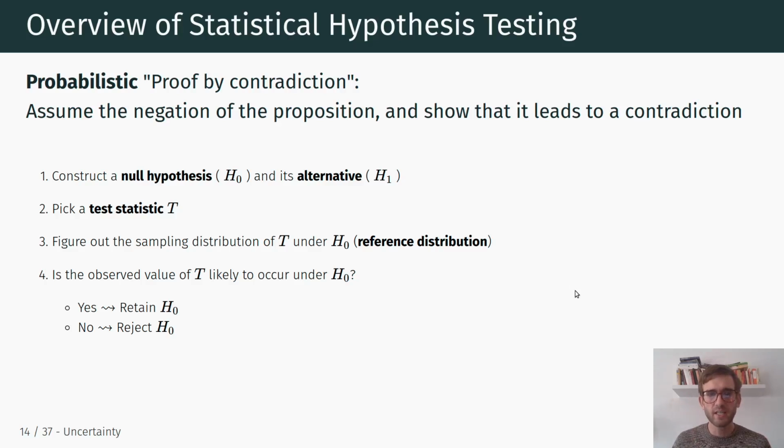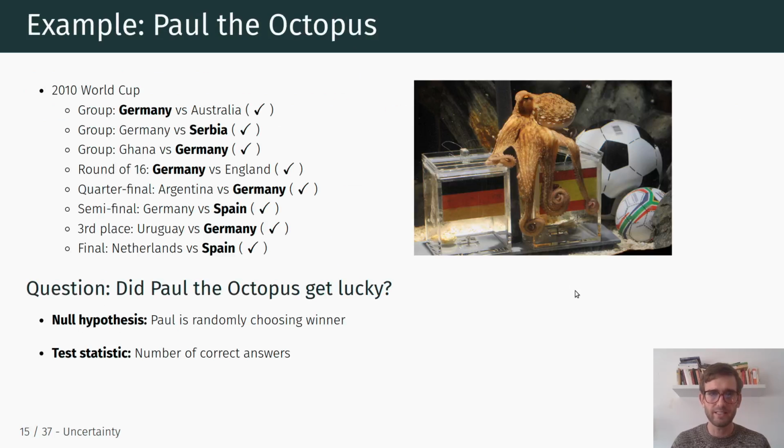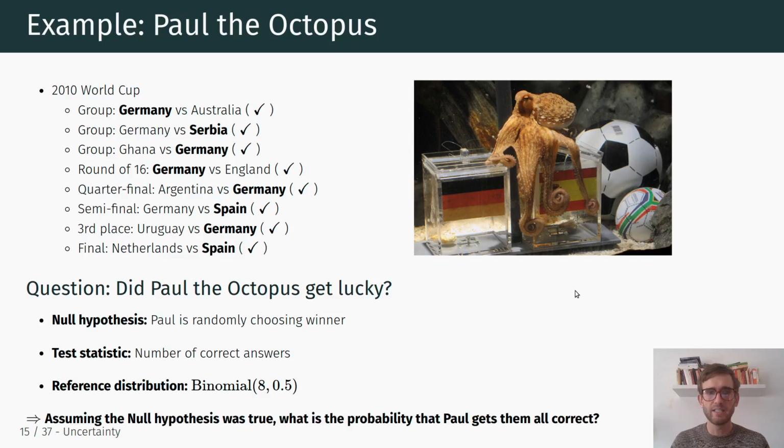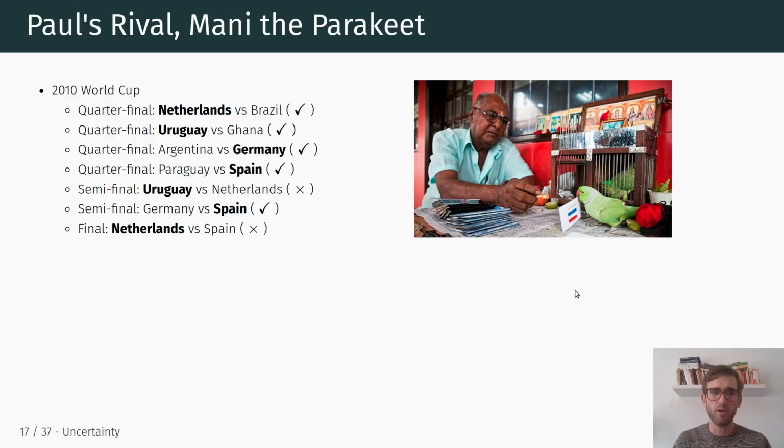And then we check in our one observed sample how likely it would be to observe the t that we computed under the assumption that the null hypothesis was true. And then if our t is very unlikely, just like Paul the octopus predicting all 8 matches correctly, then we're willing to reject our null hypothesis. Okay, and that's the essential basic idea behind hypothesis testing.